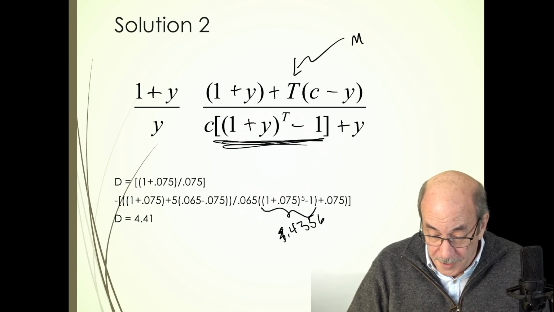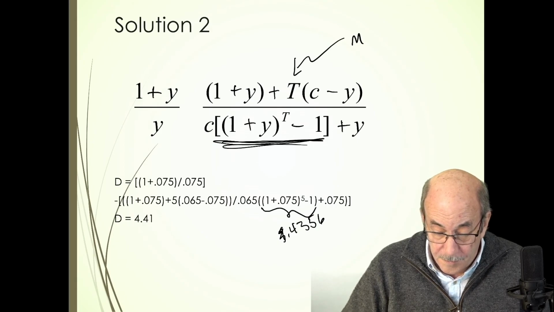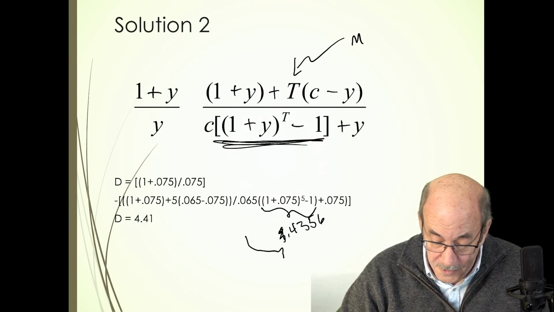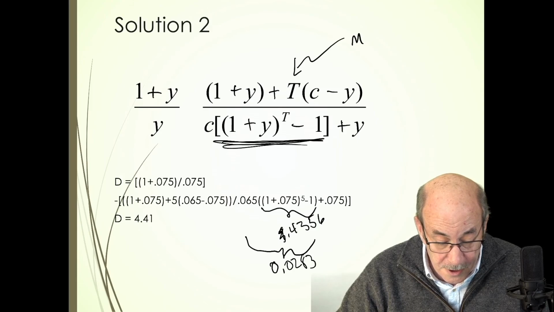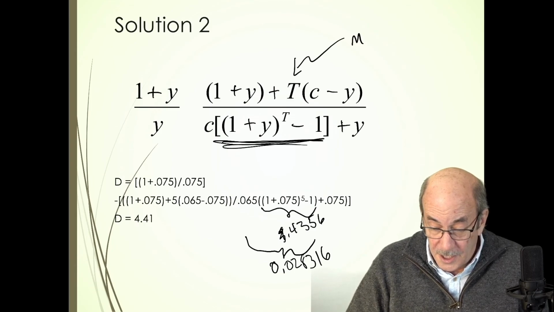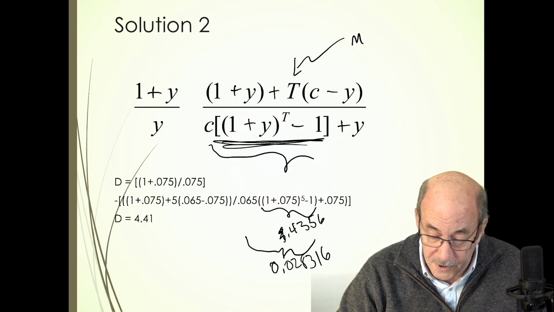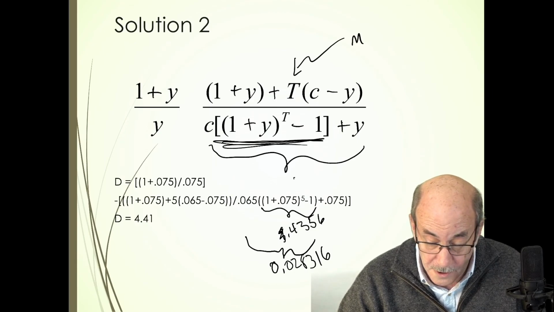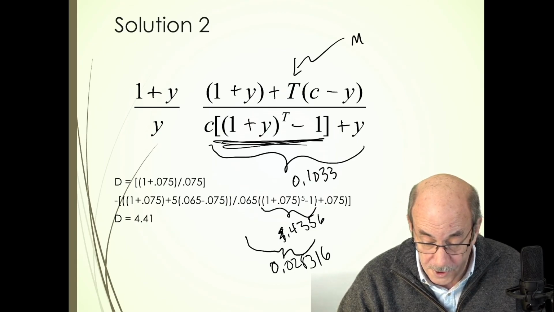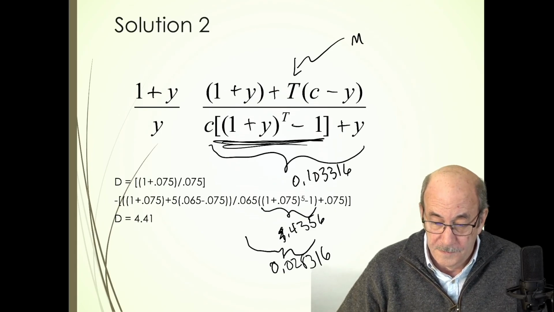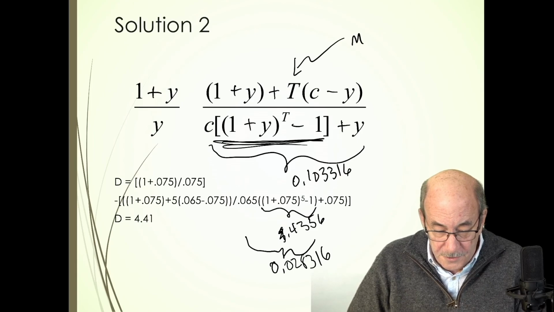Then I want to multiply that by the 0.065. For that I'm getting 0.0283. I'm just going to round that. And then I can add my 0.075 to that. So for the entire denominator, I'm getting 0.103316. And then let's do the numerator.